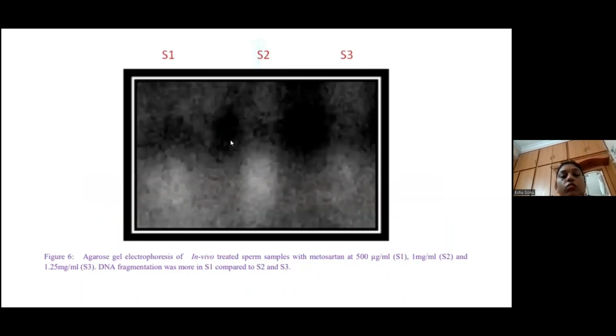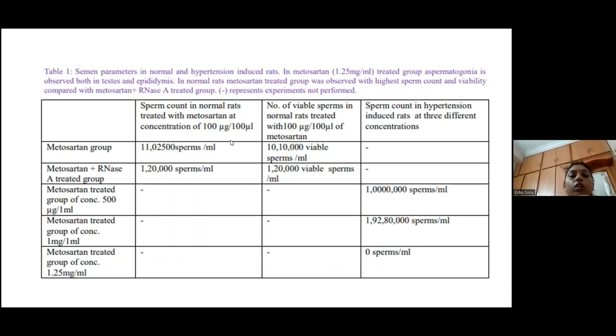So this is the agarose gel electrophoresis, where you can see the 500 μg subjected sample first, second 1 mg, and third 1.25 mg, where you can see the concentrated intensity indicating that some amount of DNA is concentrated there. In the remaining two, it is fragmented. That's why the fluorescence is also scattered. And if you go for sperm count, you can clearly see in the metosartan treated group the number of viable sperms is reducing.